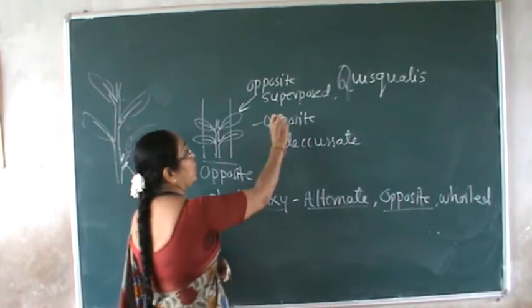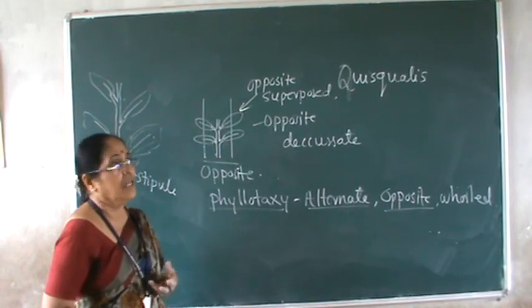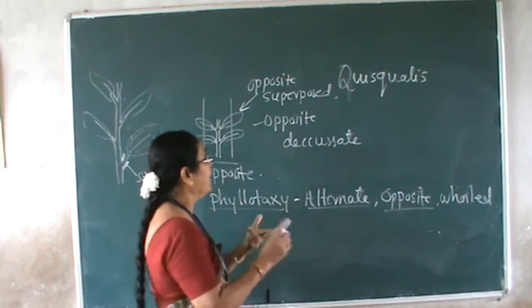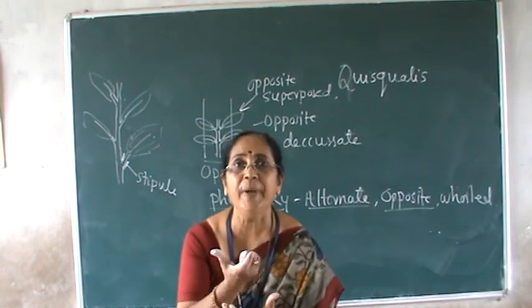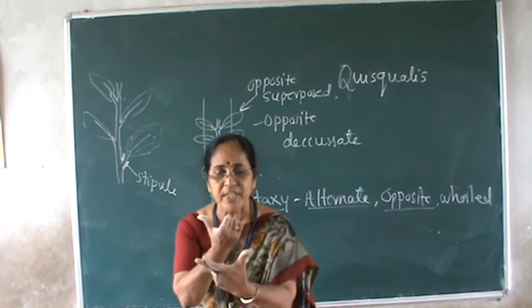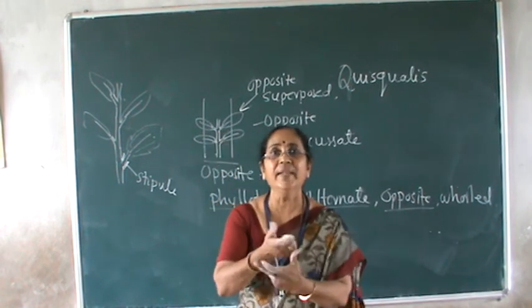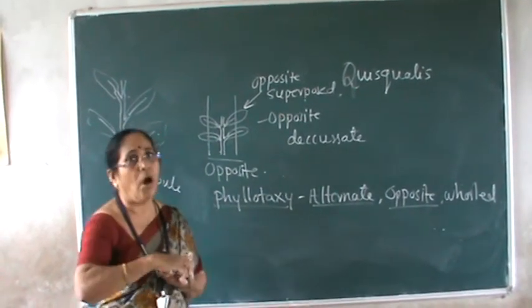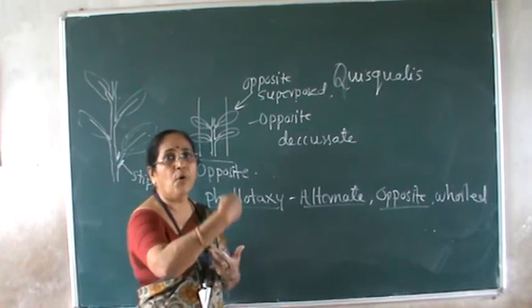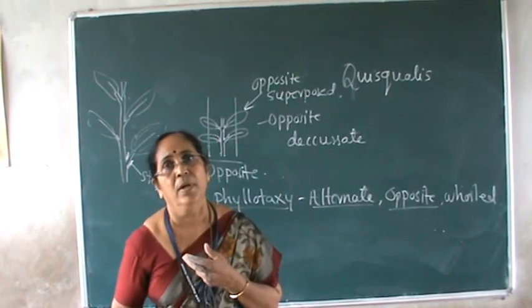The second type is called opposite decussate. The first pair of leaves are opposite in nature, and the very next pair will be at right angles to the previous. In that case, you will find that four distinct rows of leaves can be seen. If you observe the stem from the top, you will see four rows of leaves arranged on the stem.